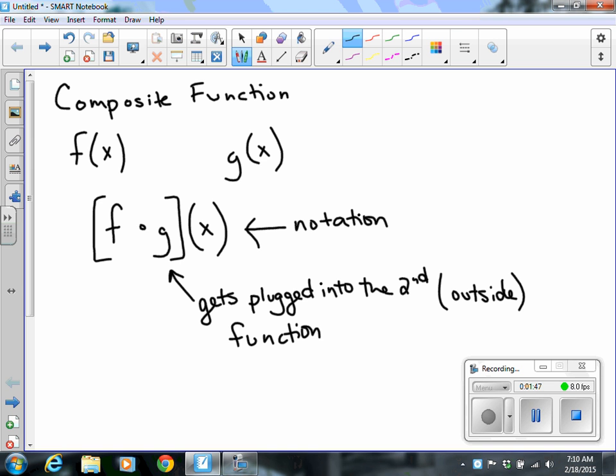To start off, we're going to start basic. We're not going to look at equations yet. We're just going to start with points and see how everything maps out. Then we'll get into bigger functions and dealing with equations.